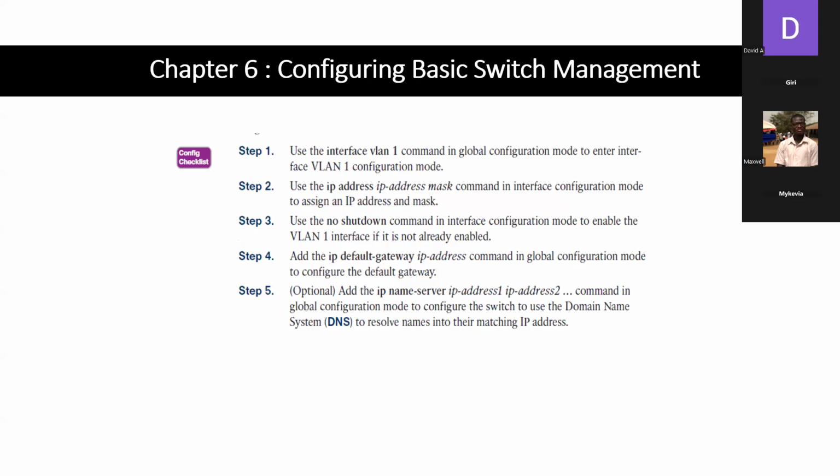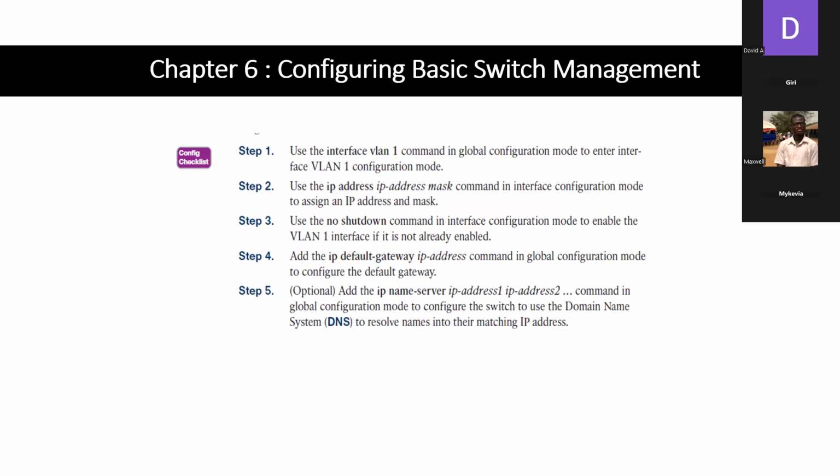Of course, as always, configuring anything that we speak about, like configuring IPv4 on a switch, we have our configuration checklist. Step one, use interface VLAN 1 or any VLAN to get to interface VLAN 1 configuration mode. We would use the IP address mask command in interface configuration mode to assign an IP address and a mask.